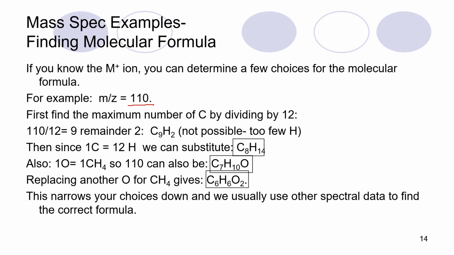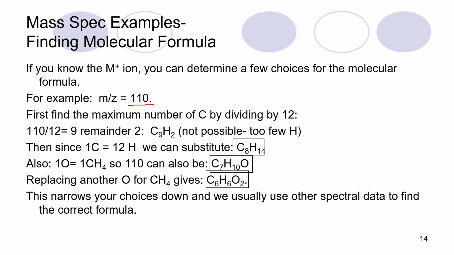So there's a few steps that you want to go through. I guess you could type it in online or something like that, but we want to get an idea here mathematically. It's not very hard. So the best way to go about it is to take your mass number and divide by 12.